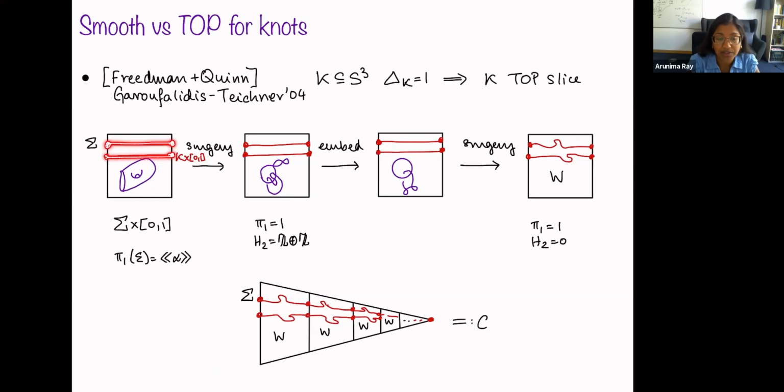And then now you're trying to do this entire surgery process with the goal of making the complement of the disk have fundamental group Z. If you were not trying to do this in a relative way, you would have just constructed the cone on S3. But because you're trying to do this in the relative setting, you no longer just get the cone of S3, you get something much more weird looking. This is why I made this thing look a bit wiggly, because when you're doing this surgery, for example in this last step, you've changed something. So this thing is not just the product, in case that's what you were wondering.